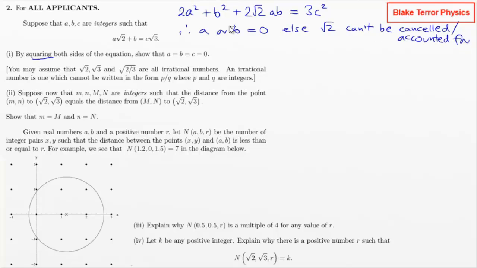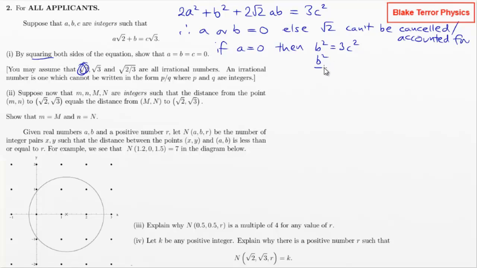So that started off there. We've already used that root 2 that they've talked about in the assumption, the little hint that they've put there. So a or b have to be 0. So let's say then if a is equal to 0, what are we getting? Then that means that b squared is equal to 3c squared.